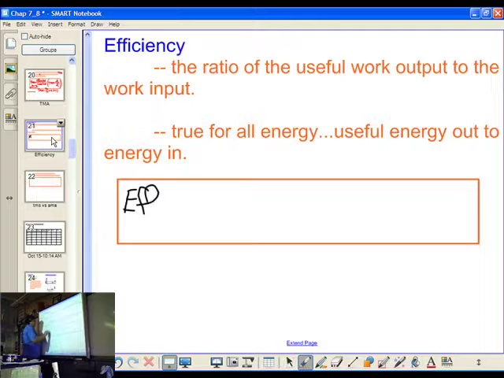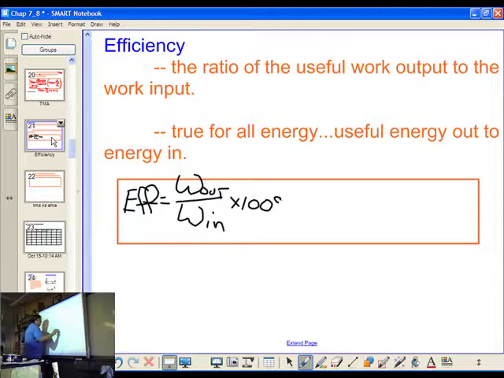So our efficiency is equal to the work out divided by the work in, times 100%. Best you can ever do is 100%, because work out divided by work in, if they were equal, would be 1. 100%. Usually, because of friction, are you ever going to get out as much as you put in?